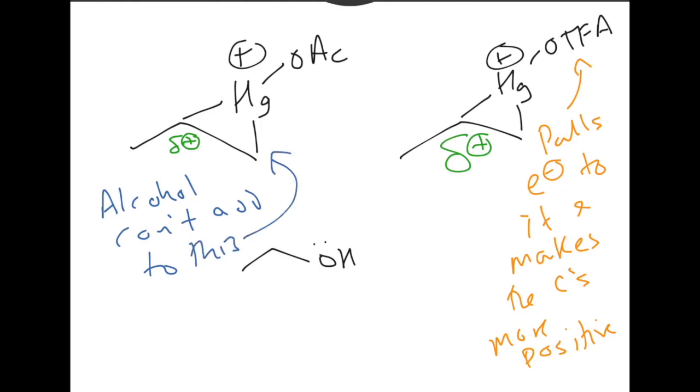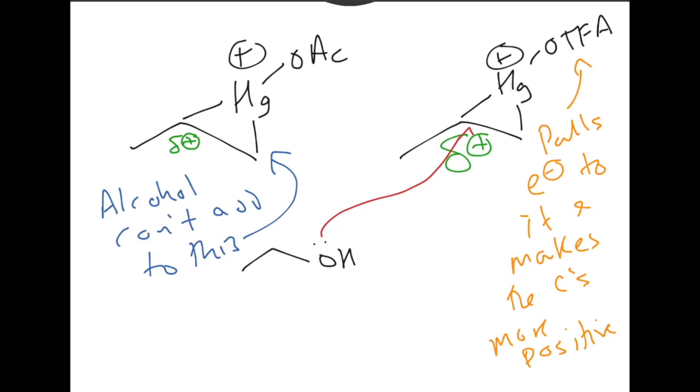That carbon isn't positive enough for the alcohol to add to, right? But because I have trifluoroacetate on the other structure, the alcohol is able to add to this carbon.